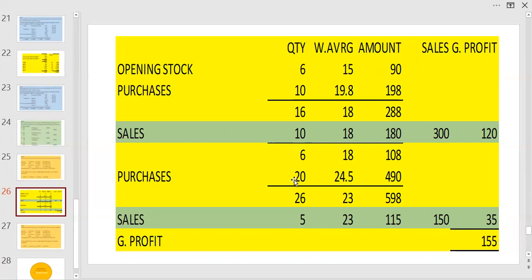When a new purchase is made, there will be a historical cost of 598 divided by then prevailing quantity 26, giving a new average price of 23. Second sale was made at that point using the same average of 23, therefore cost of sale of 150, giving us a gross profit of 35.